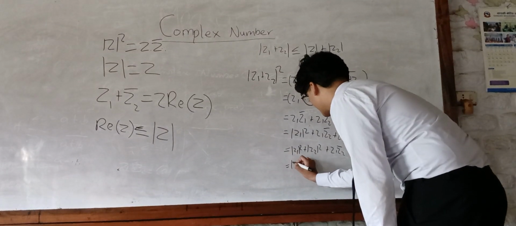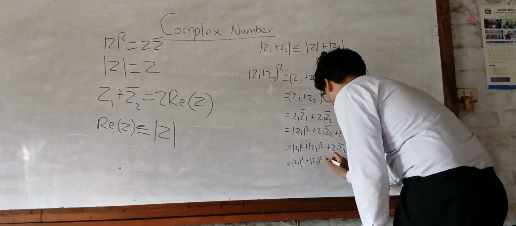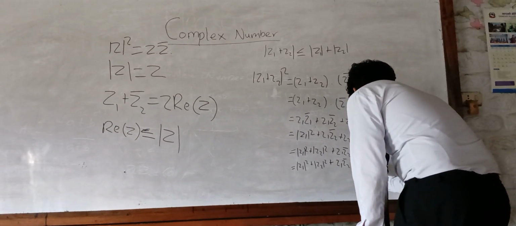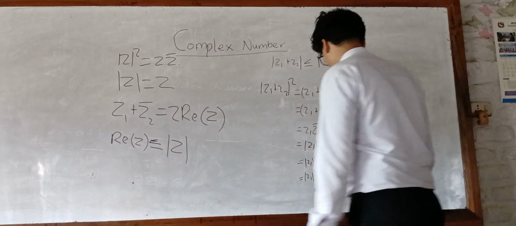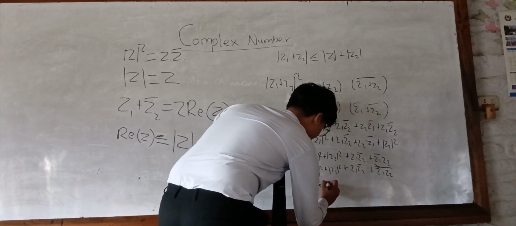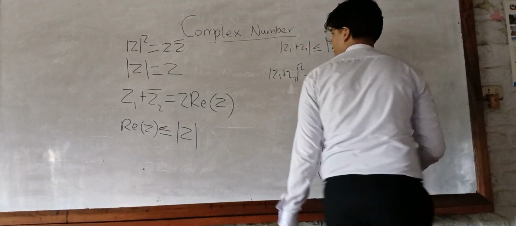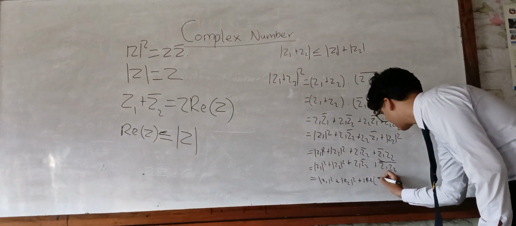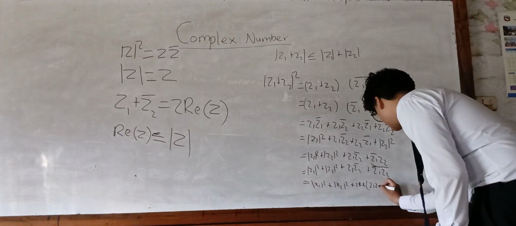So what we're going to do is add one more bar, so it will follow that property. Now we can write two RE z1 z2 bar.